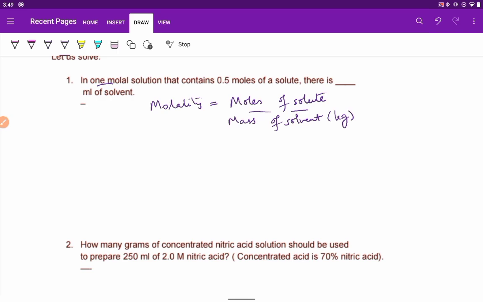So we will write 1 equal to moles of solute. 0.5 moles is already given, so we will write 0.5 by mass of solvent, that only we have to calculate.